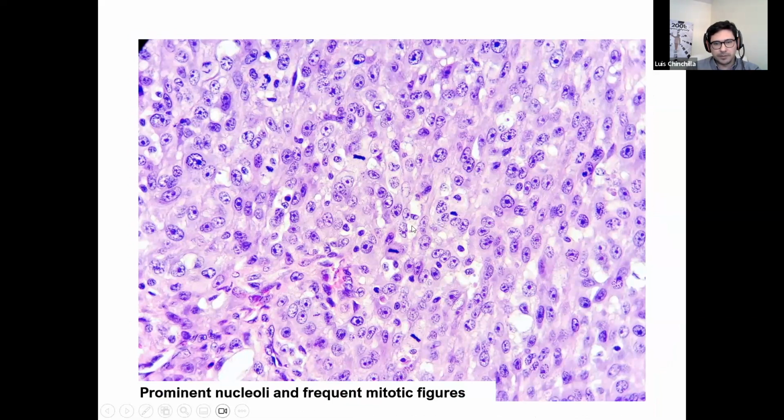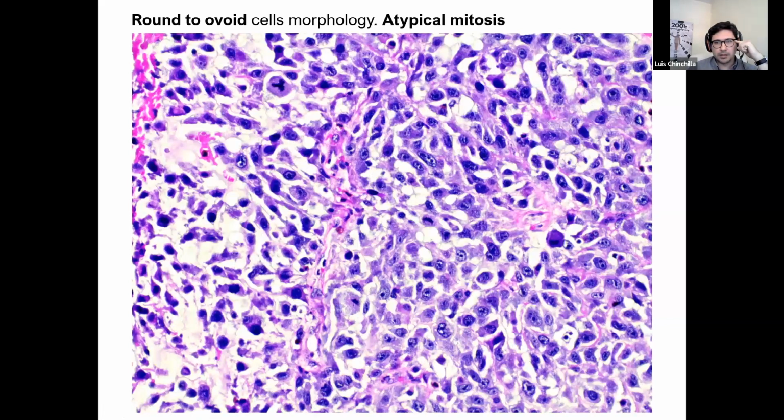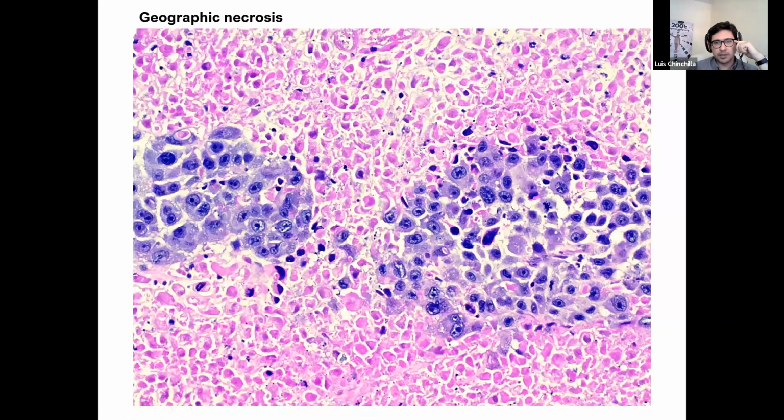A lot of mitotic figures were observed. And this is another area with round to ovoid morphology, the same as the last picture, mitotic figures, some pleomorphism with atypical mitosis. And necrosis was observed also in some areas, as a geographic necrosis with islands of viable tumor cells in the middle.